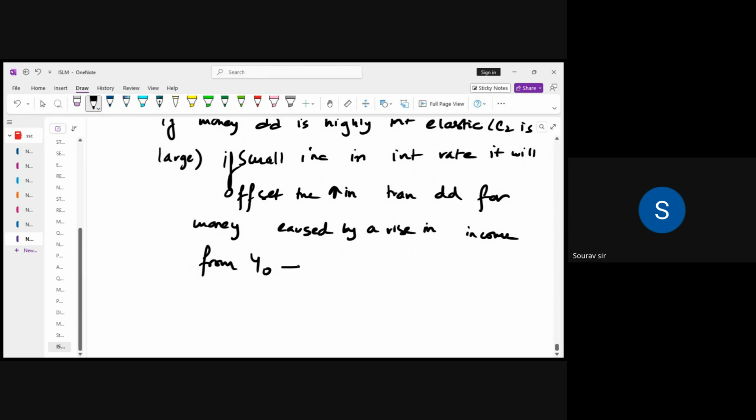C1 shows what? The increase in money demand per unit increase in income.